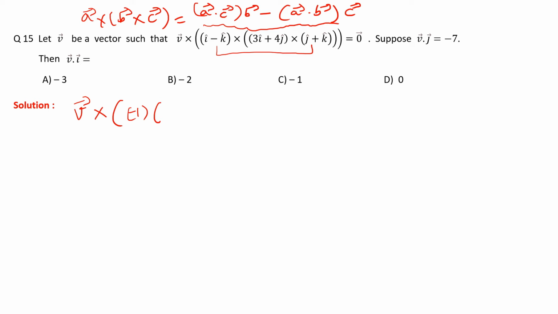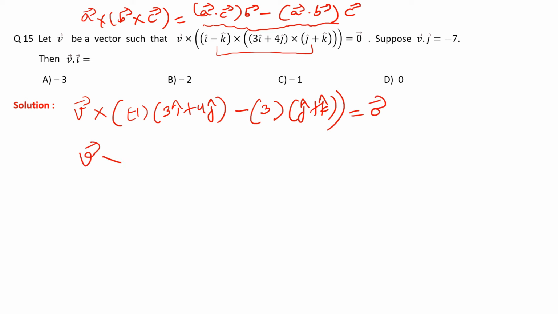Now into B we have to write, so this is 3i plus 4j minus A dot B. A dot B is going to be 3, then 0, and then again 0 into C, and C here is j plus k. Fine. And this product is given to us equal to null vector.